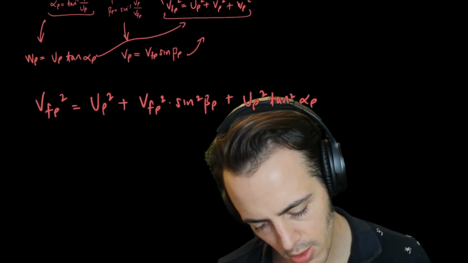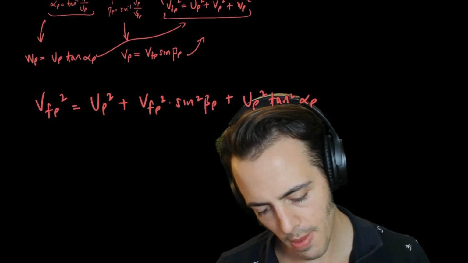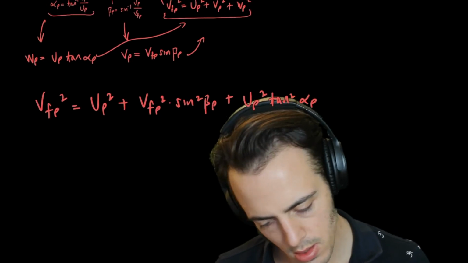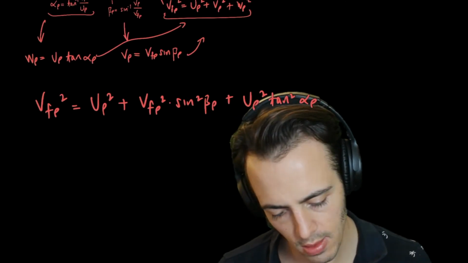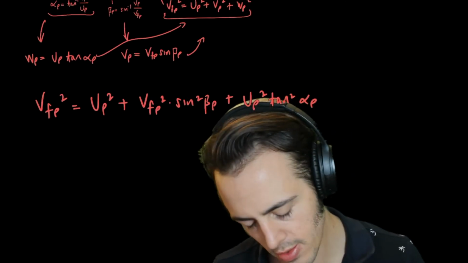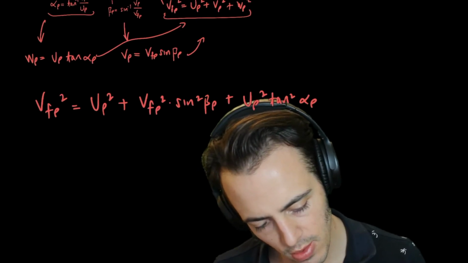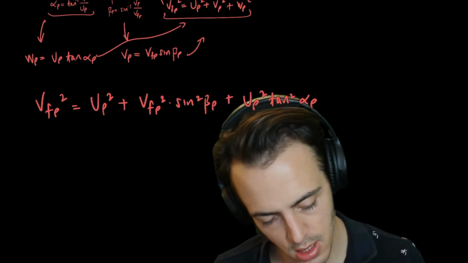Okay, so I've now got an expression that's only got total flight speed, UP, and sine and beta. So I can rearrange this to give me UP. Let's just spend a little bit longer rearranging it.